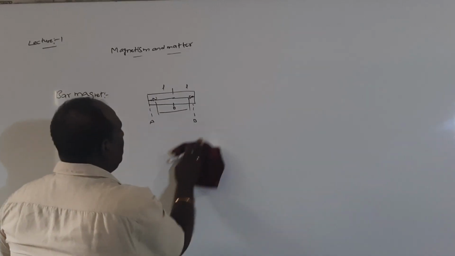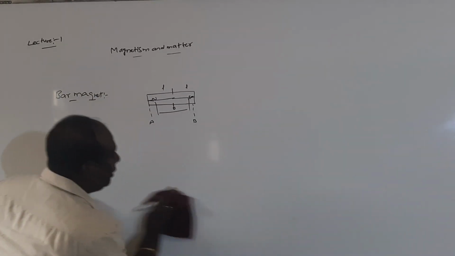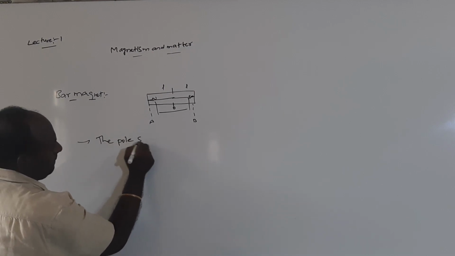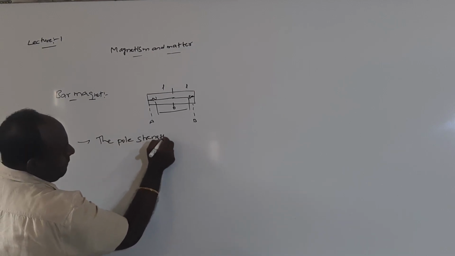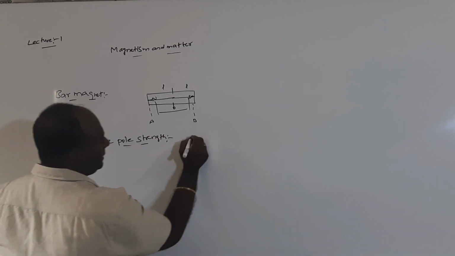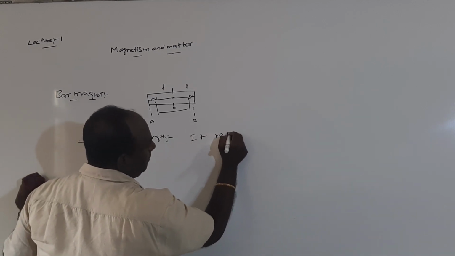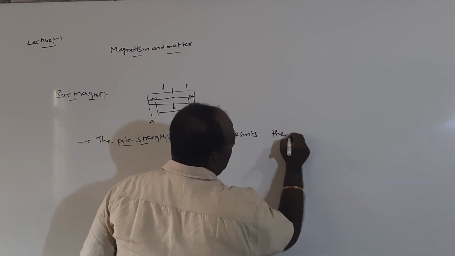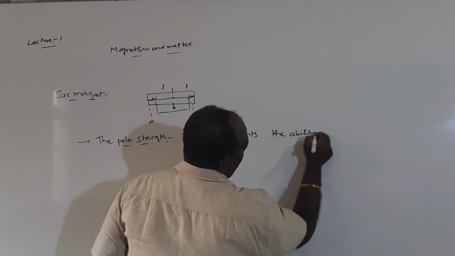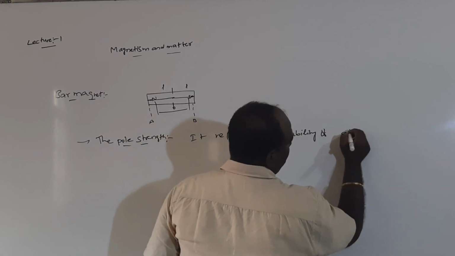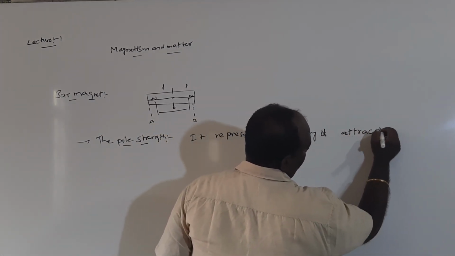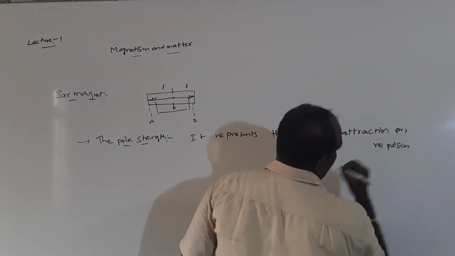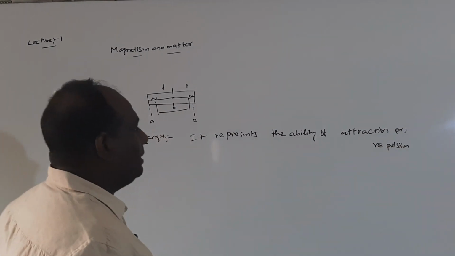Pole strength represents the ability of attraction or repulsion. The ability of attraction or repulsion means the strength.